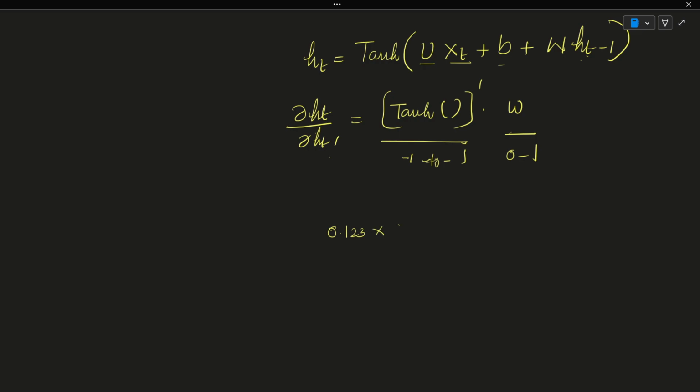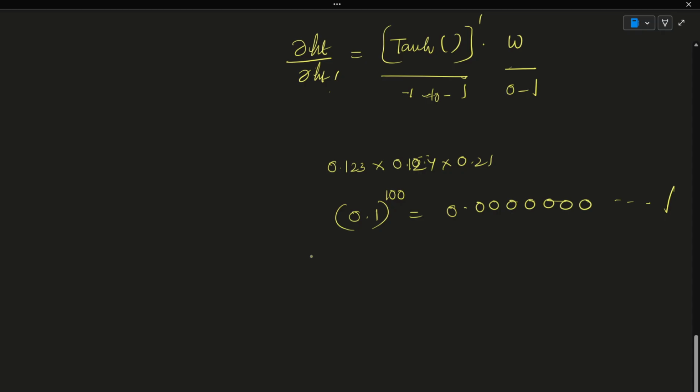If you go on multiplying with 0.123, 0.124, 0.247, this is something like 0.1 to the power of 100. So it will be something like 0.000000000, and so on. That means your gradient is vanishing.